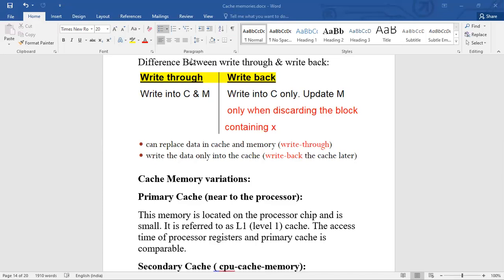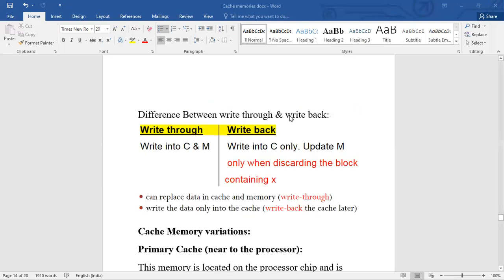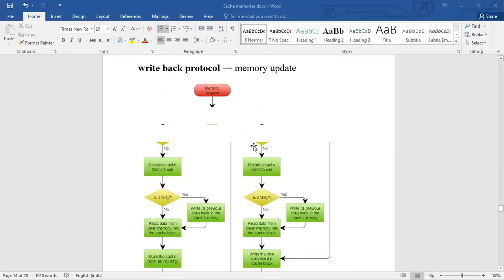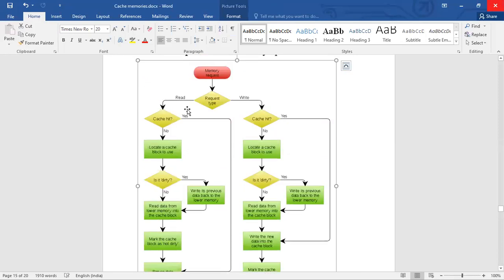In write back, we write onto the cache memory.